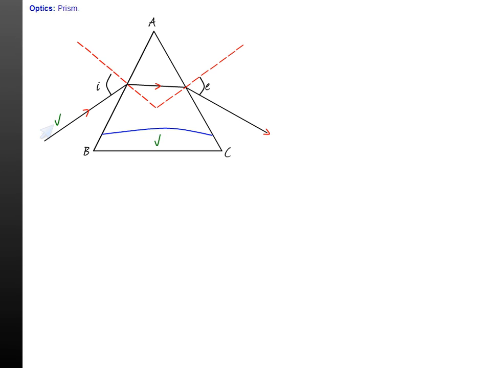What do you think? What will happen if this part of the prism is not there? Okay, let's say this part is broken out. That is, we have only this much part of the prism.